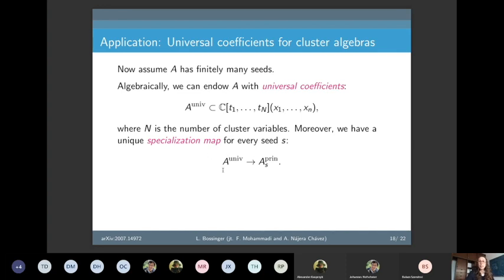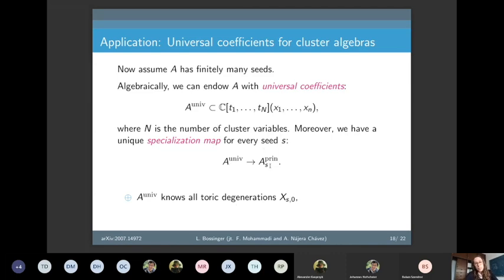So it sends cluster variables of my universal coefficient algebra to cluster variables of the principal coefficient algebra. So in particular for us right now, having in mind the story about degenerations, this means that this cluster algebra with universal coefficients in fact knows all the toric degenerations.